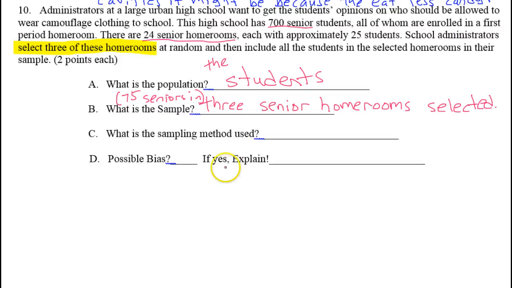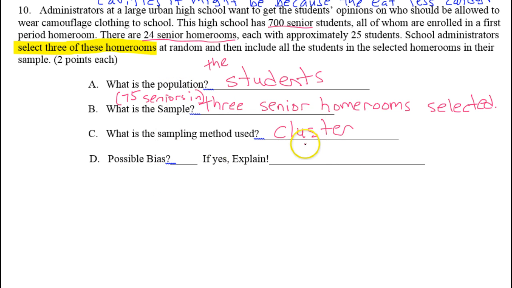Now that we have reviewed the six sampling methods, let's talk about which one was used. Again, they selected 3 homerooms at random. So they selected 3 entire classrooms of students at random. That is the cluster method. A lot of students confuse this with stratified random.